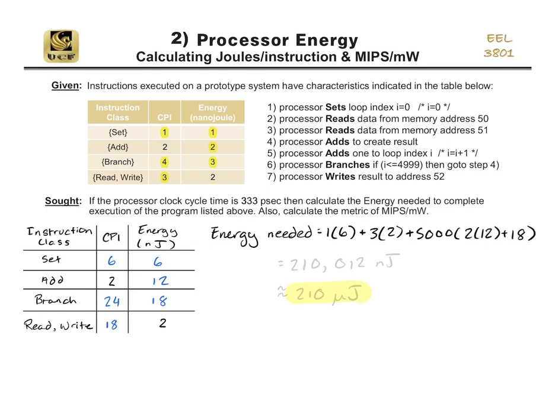These values are taken from the chart that's given. This will eventually simplify into 210,012 nanojoules, which is approximately 210 microjoules.